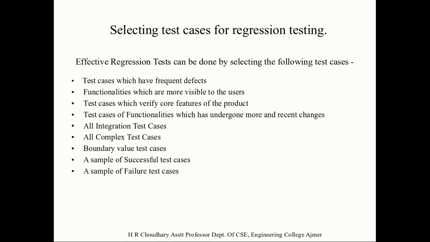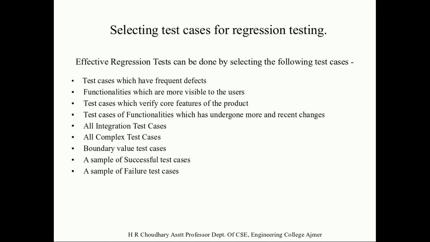Now we move to the next slide, that is selecting test cases for regression testing. So what kind of test cases can we select for regression testing? Effective regression testing can be done by selecting the following test cases.